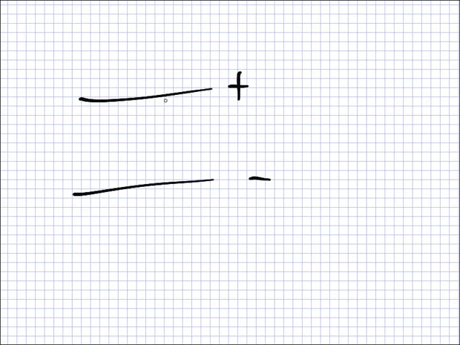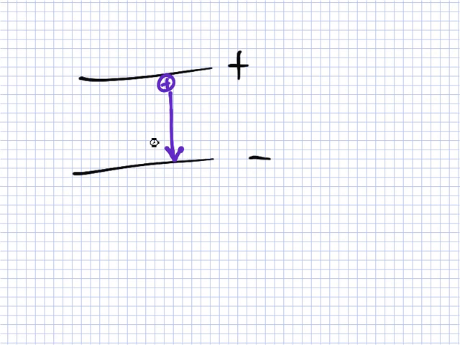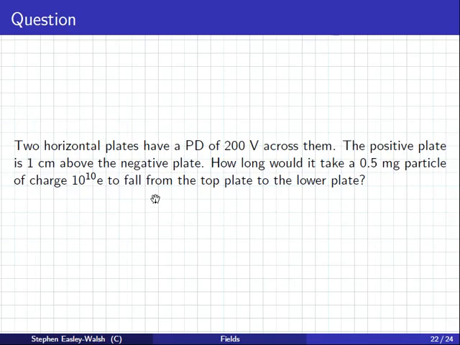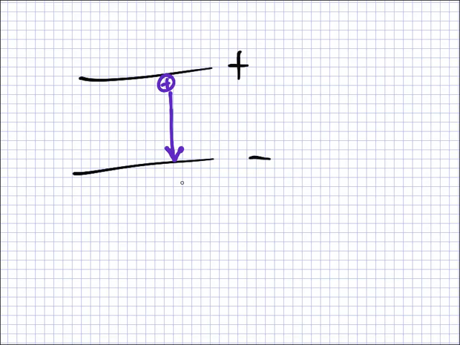So there's a small positive charge here, and it will fall quickly or slowly to the bottom. Quickly. Why? It's being repelled by the positive, attracted to the negative, and gravity. So my question is, how long will it take to go from the top to the bottom?